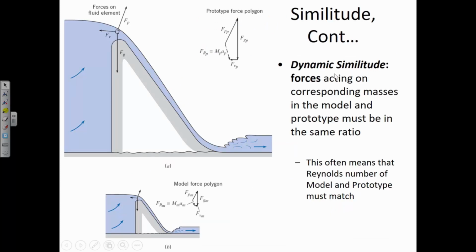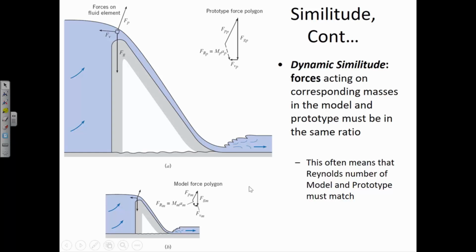And so dynamic similitude is where we are taking models and we want to make sure that the masses and the forces have the same ratio between the prototype, which is the full scale, and the model, which is the small scale. And so in terms of fluid mechanics, one of the ways that we ensure dynamic similitude is ensuring that the Reynolds number matches between the model and the prototype.